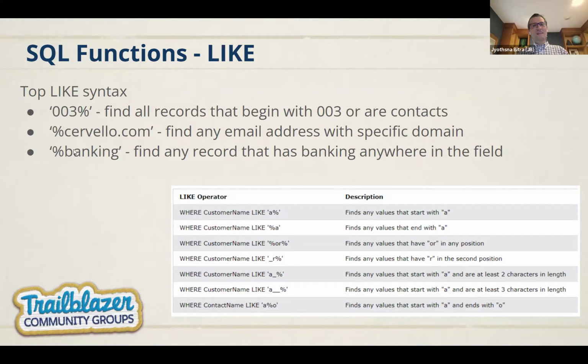And then the last one, I got a typo here. It should be single quote % banking %. You can see it down here in this scenario where you want to find in that field any record that has a specific word within the field in any position. So you can use that syntax there. So, different ways you can use like. We'll be showing a couple of those examples today.